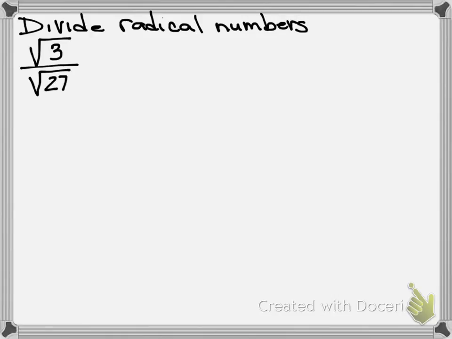If we have to divide the square root of 3 over the square root of 27, because both of them are under the square root sign, we can rewrite this as the square root of the fraction 3/27. Then we simplify the fraction and we get the following.